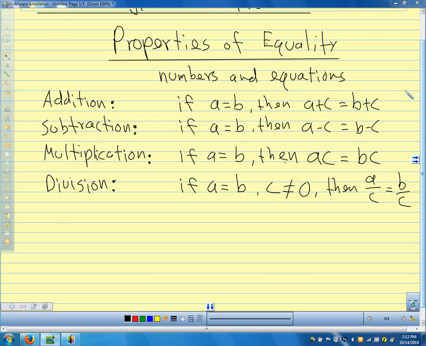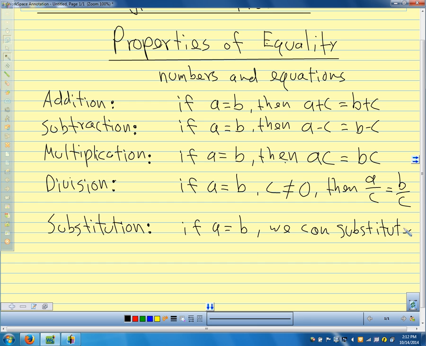All right, we have a few more properties. These are the ones we use a lot. Substitution we also use. If A equals B, we can substitute A for B in an equation.